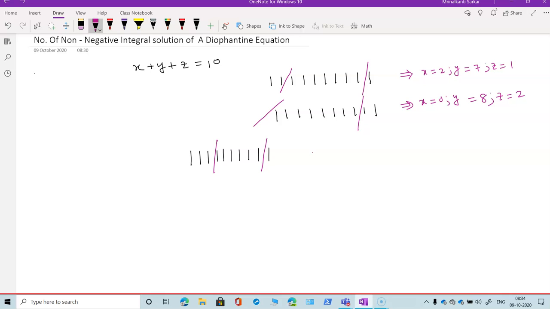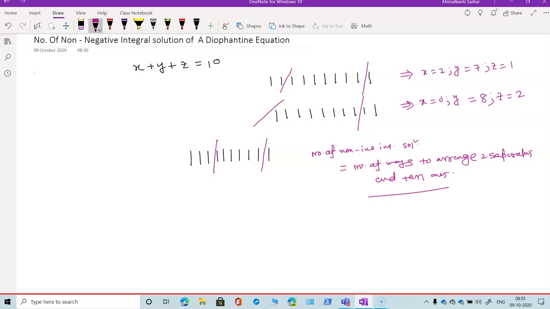So don't you think that the number of non-negative integral solutions is equal to the number of ways to arrange two separators and ten ones.